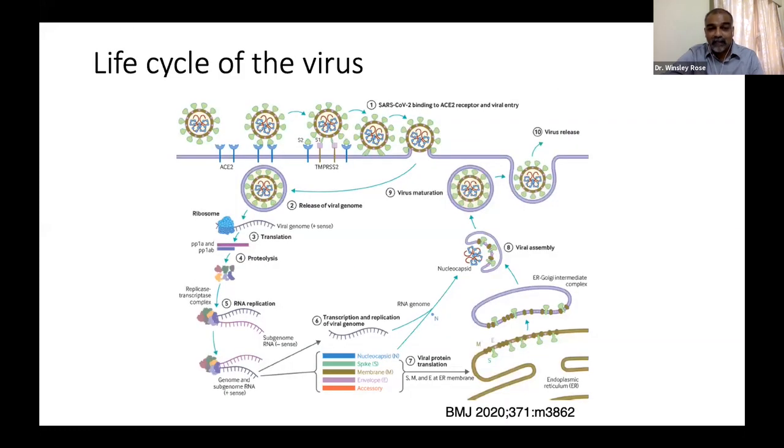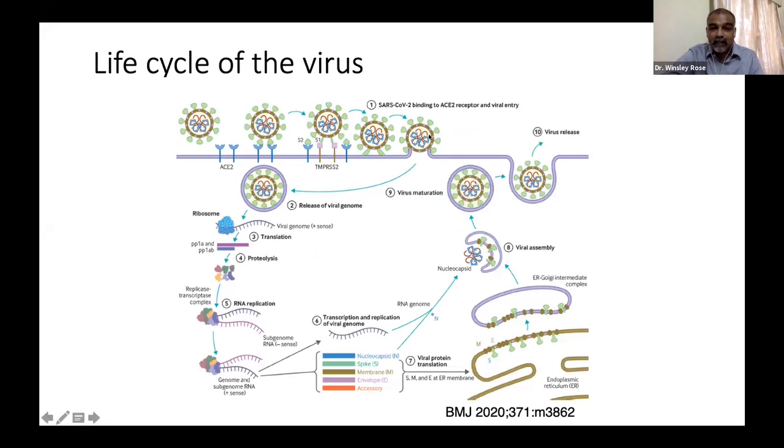Now, if you look at the life cycle of the virus itself, the virus uses the ACE2, the angiotensin converting enzyme 2, as its receptor for binding onto the host cell. And it uses another protein, the transmembrane serine protease, which is important for fusion of the virus to the host cell.